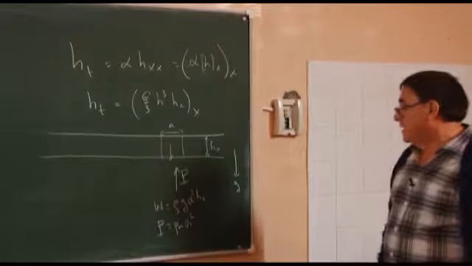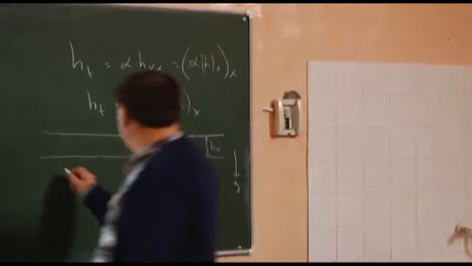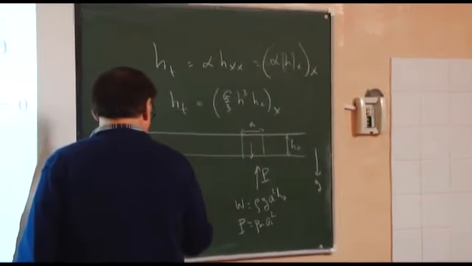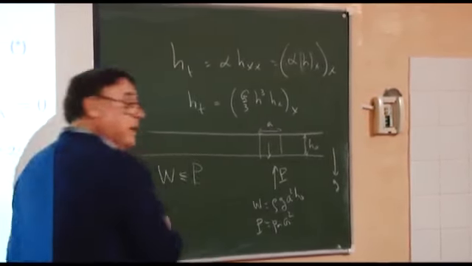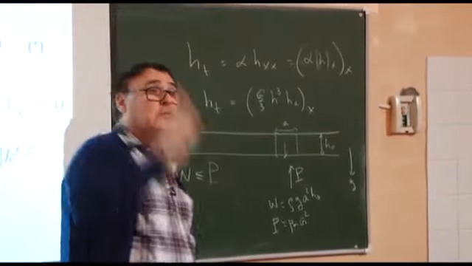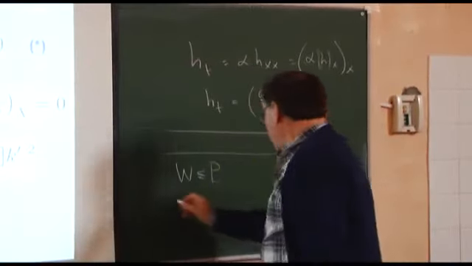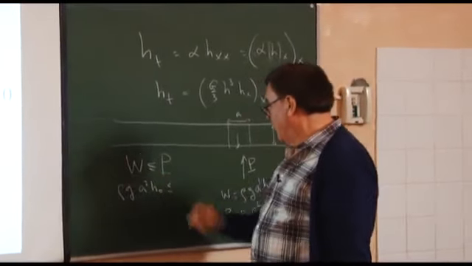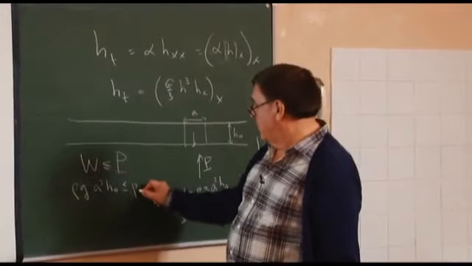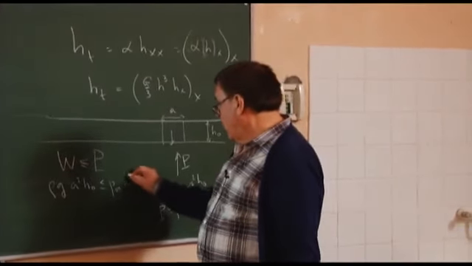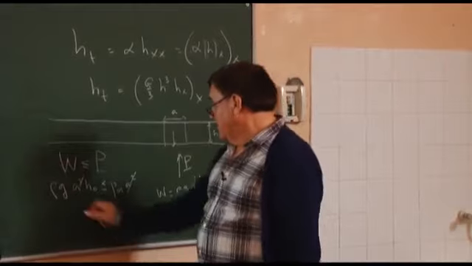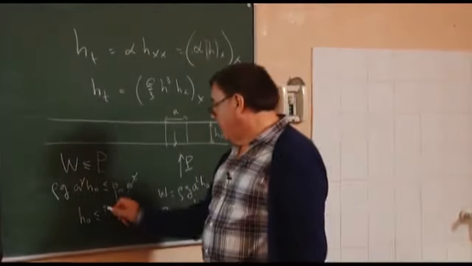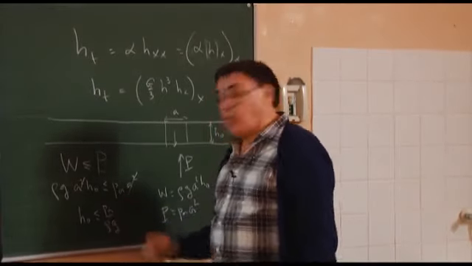I want the weight W to be smaller or equal to the force, to allow it to live happily on the ceiling. So rho G times A squared times H0 should be less or equal to PA times A squared. A squared cancels, so H0 should be less or equal to PA divided by rho G.